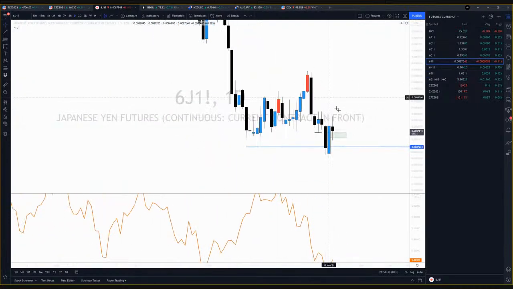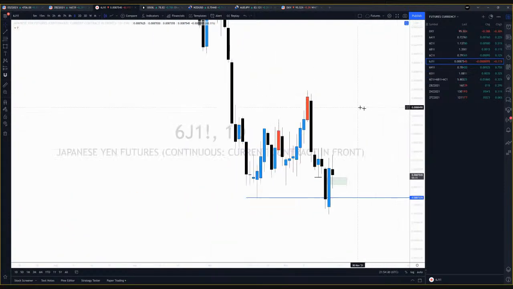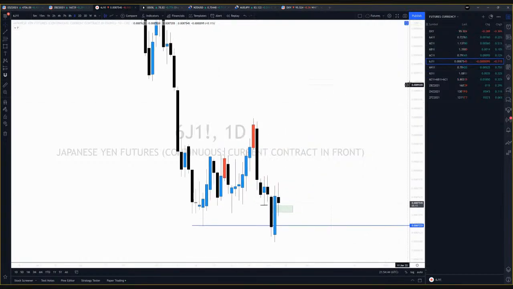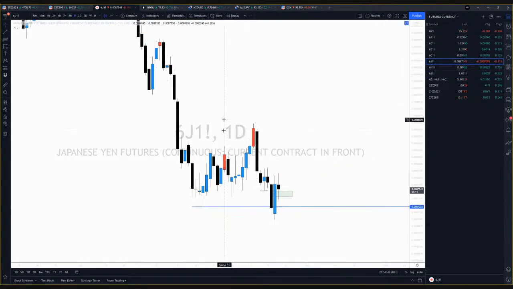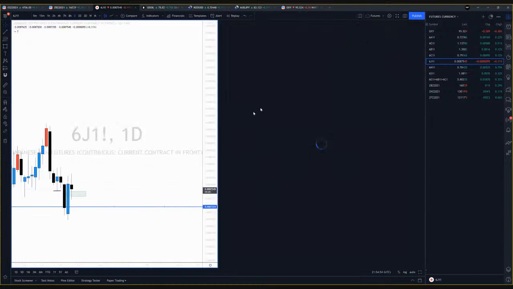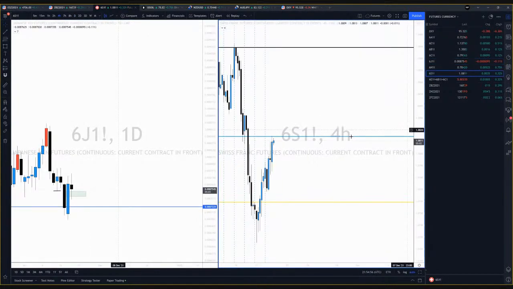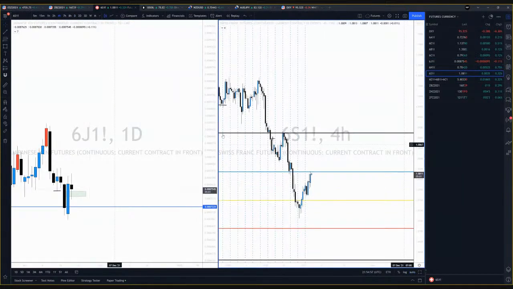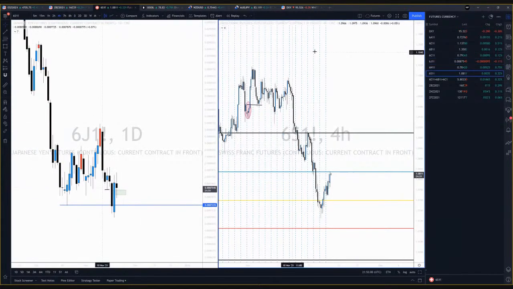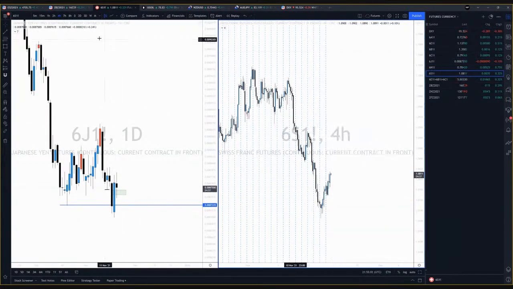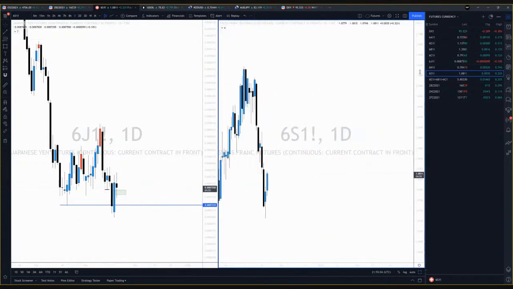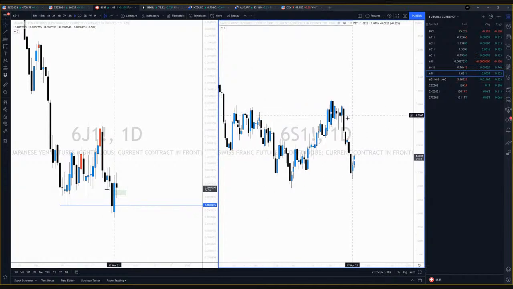So with this information that I've given you, if you want to trade a cross pair, have two separate screens, put it on the daily.